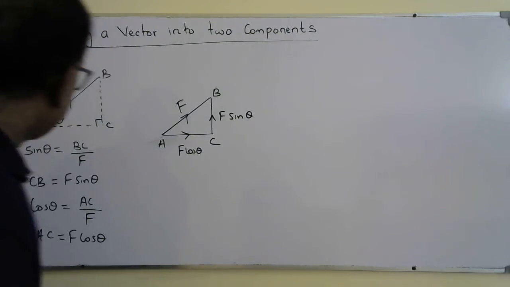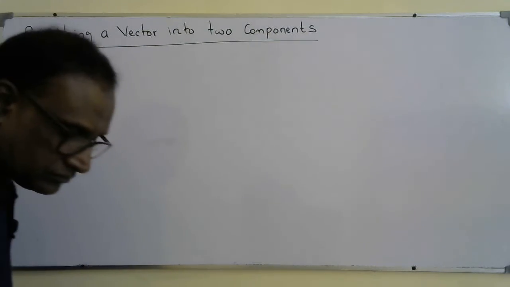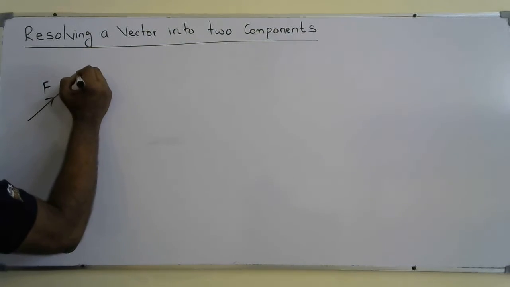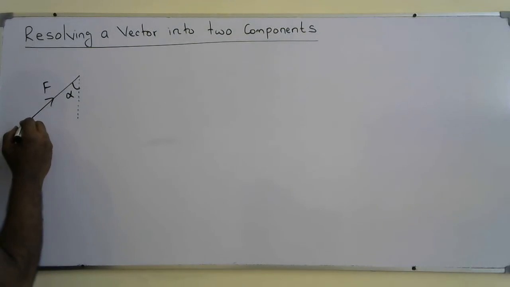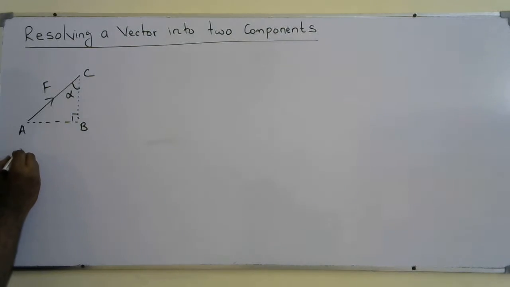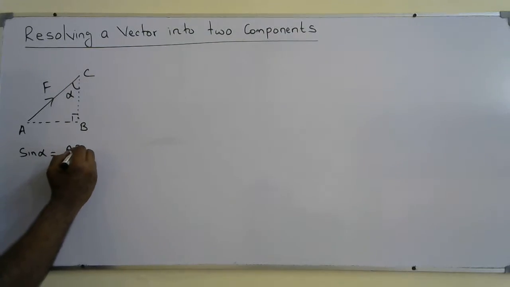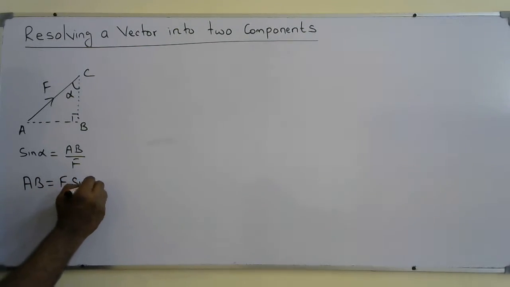Similarly, I can consider the same force making an angle alpha with the vertical line. If the given force is F that makes an angle alpha with the vertical line, here also I can complete a right angle triangle A, B, C. In this right angle triangle, sine alpha equals AB over F, so AB equals F sine alpha.